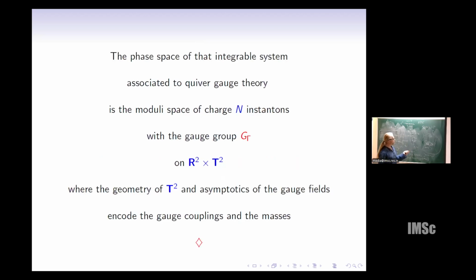When you do some analysis, which took some time to do, if you start with a quiver gauge theory associated with one of these graphs, the total space would be the moduli space of instantons on the space R2 cross T2 with the gauge group, which is this Mackay-dual group.